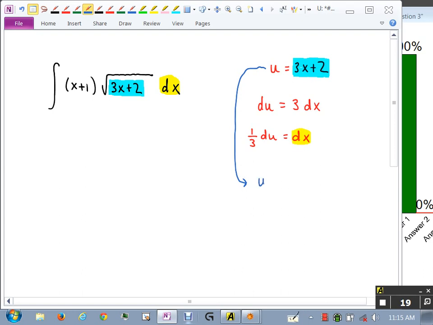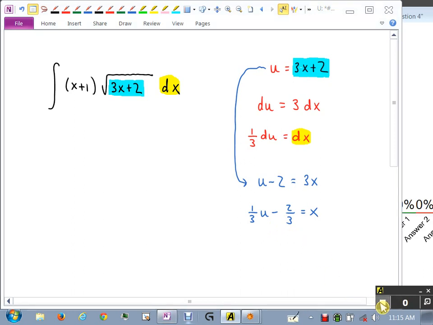So first subtract 2 on both sides. And then what? Divide by 3 or multiply both sides by 1/3. I just multiplied both of these by 1/3. So I got 1/3 u minus 2/3 equals x. Okay, yes or no?